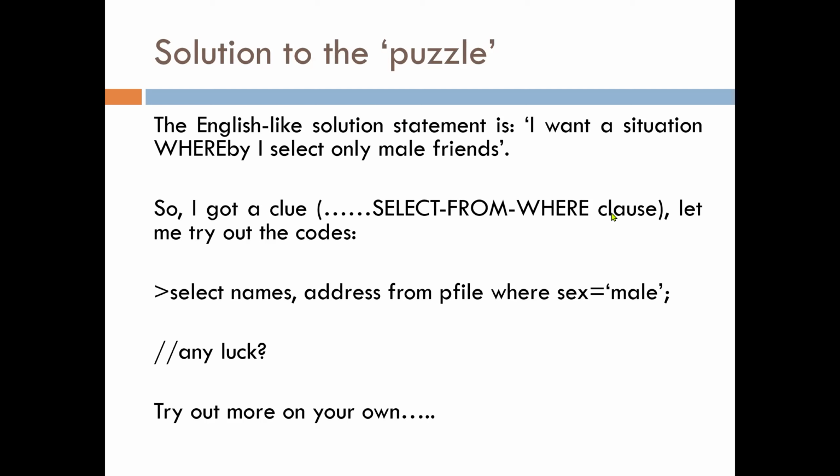If you can't remember, you can check what the information from this column in P file says, and see that it's formatted as M and F. So I want to select the names and addresses from this P file, but only those where the sex column equals M. And that's how you do the where clause. Okay. Does that make sense on the where clause?